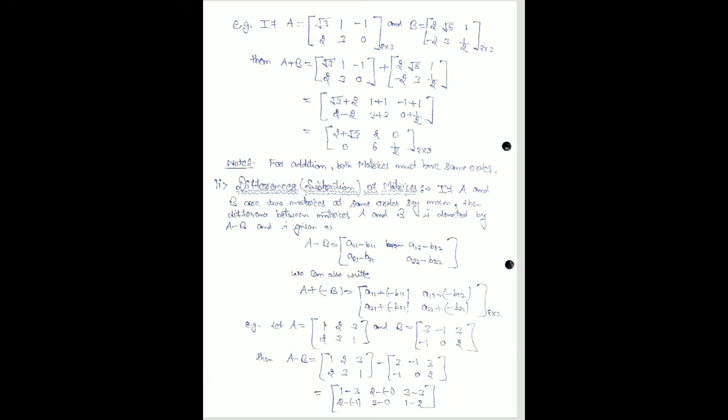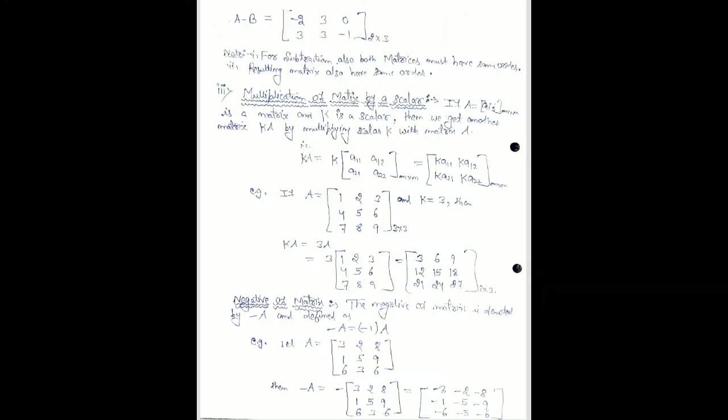Similar to addition, subtraction is obtained by subtracting the corresponding elements of matrices A and B. For example, we have taken two matrices A and B. Then A minus B is simply given by subtracting the corresponding elements of B from A, and the resulting matrix A minus B is also of the same order as A and B. Also, for subtraction, both matrices must have the same order.